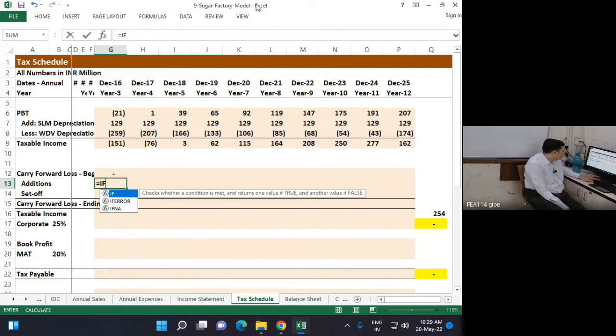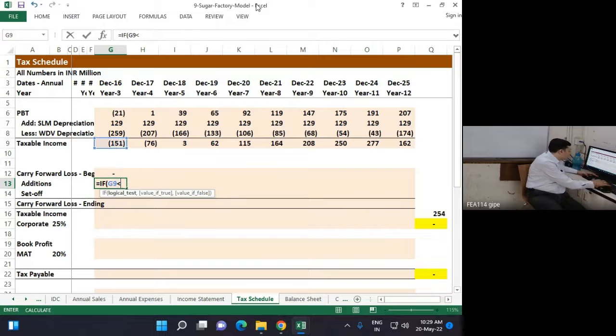Then we will say if there is a loss, then we will carry forward the loss, else nothing to be carried forward.